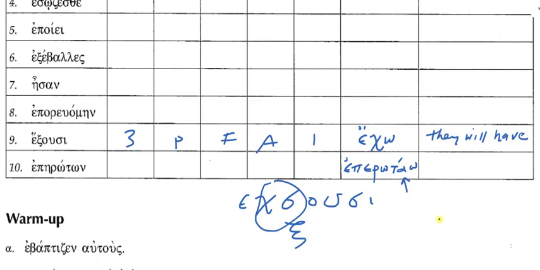Do we have that here? Yes. Epērōtaō. This is from epi, right? And remember, there are many places where the prefix has a vowel. It will fall out if the verb starts with a vowel, right? Before. And that's what we have. So this epsilon has lengthened to an eta right there.